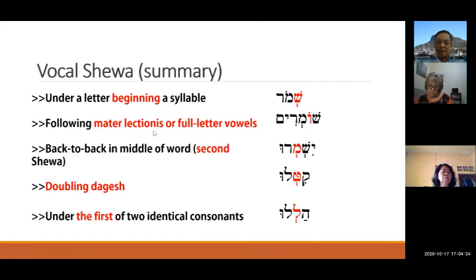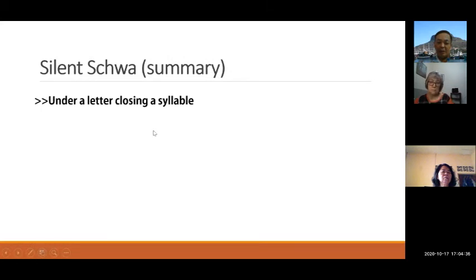The silent schwa under a letter closing a syllable is like, for example, yish more. This is a letter closing the first syllable, yish, right? Because the yod and the hirik is a short i vowel, so the schwa that follows after it is automatically a silent schwa.